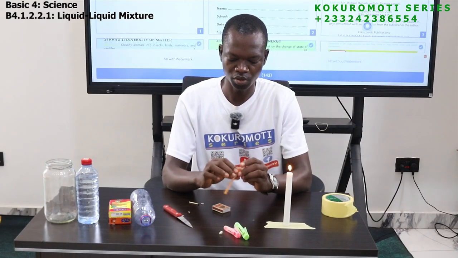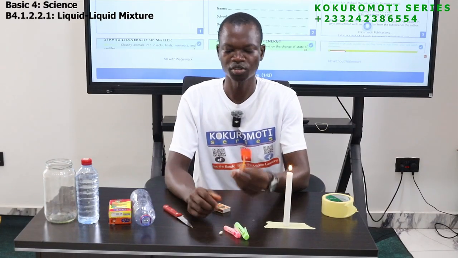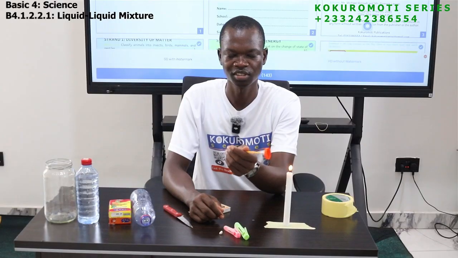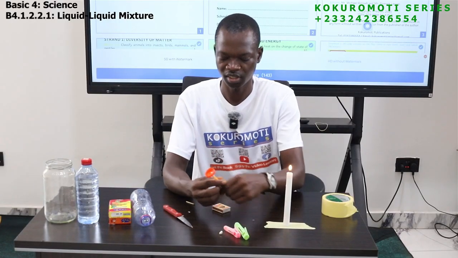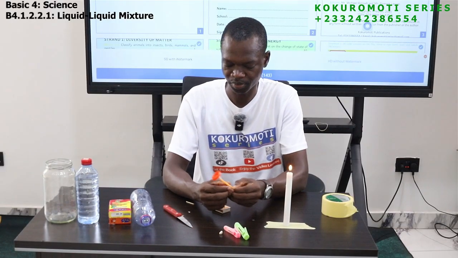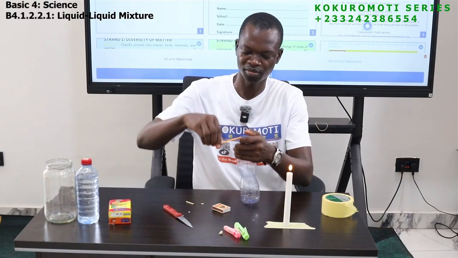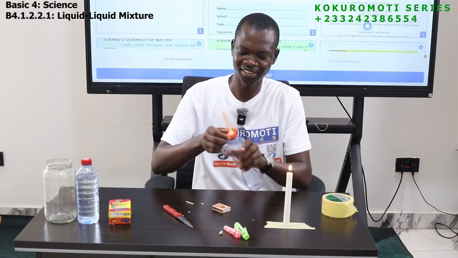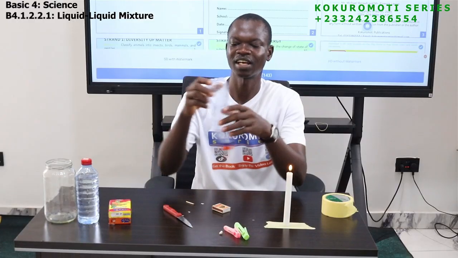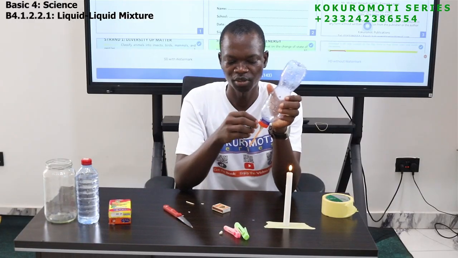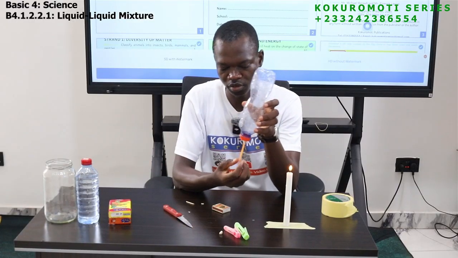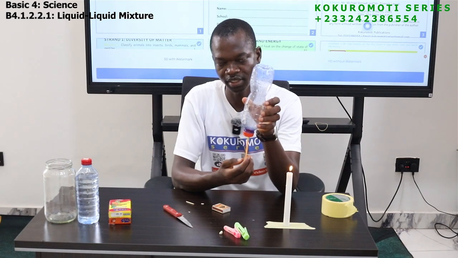Okay, so we have our straw fixed to the bottle cover or the top. Now we can cover it like this. If you have water in this, the water will flow through the straw, right?